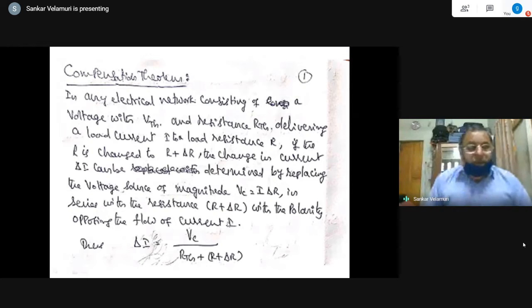So what is the meaning of this particular statement? Briefly, I want to mention, which are categorically stated in the substitution theorem statement.